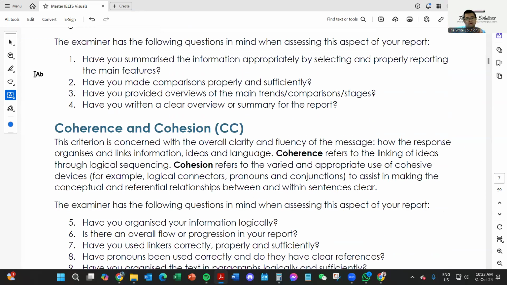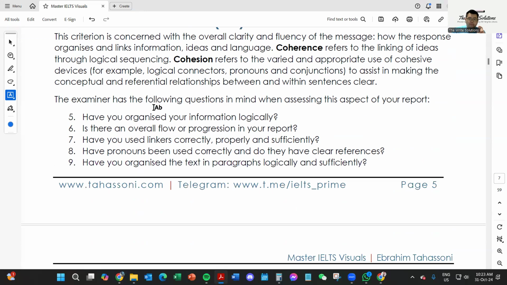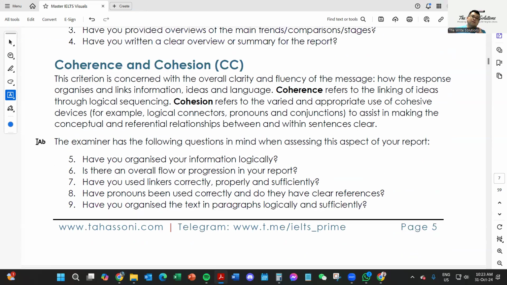This order is kind of mixed up, but as I said, when I pasted it, that is the organization. So this criterion is about overall clarity and fluency, organization, linking words, and sequencing. That's what I said.